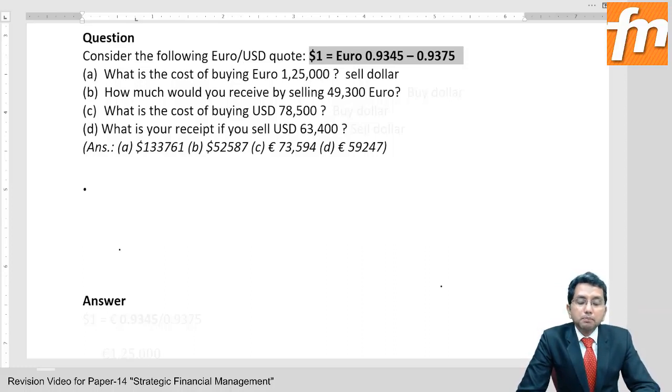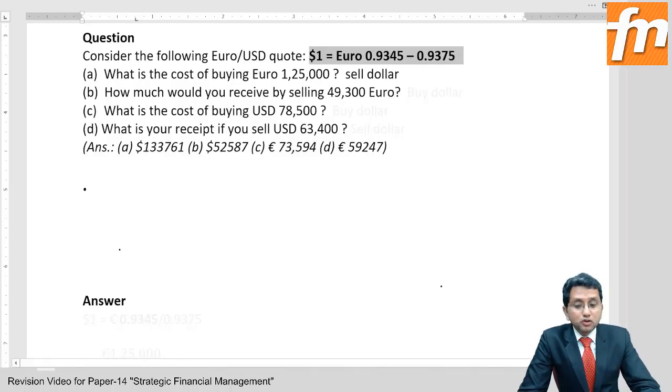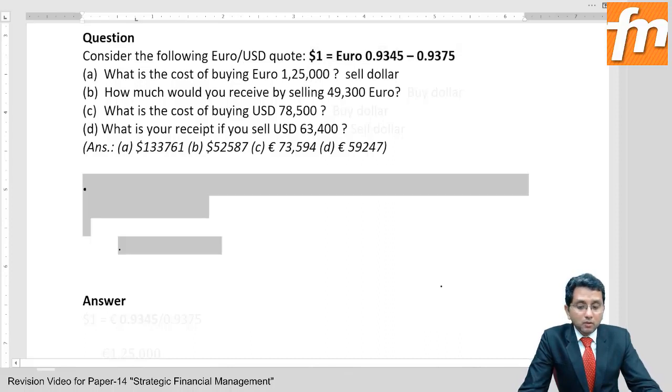0.9345 and 0.9375. First of all, this question does not specify whether I am the market or the forex dealer or the customer, whether I am the quote maker or the quote taker. So I have already given you a tip that if the question is silent, assume yourself to be the quote taker. What does this mean?